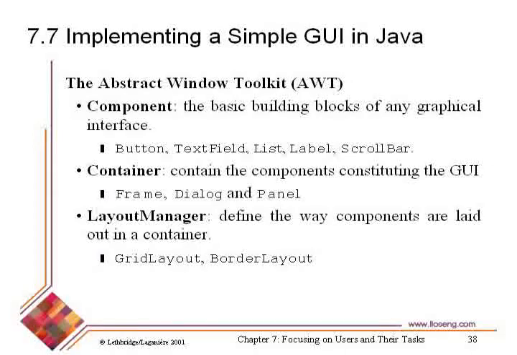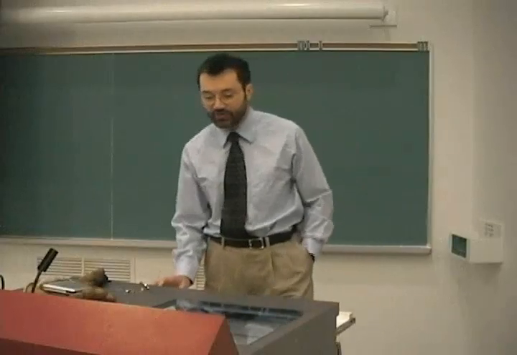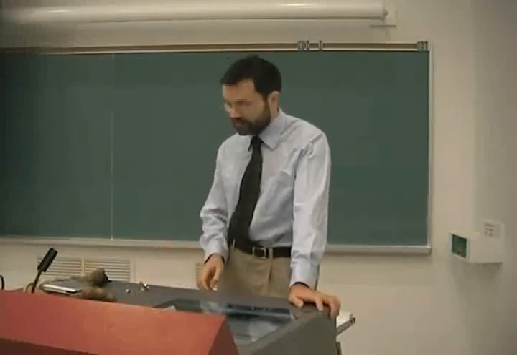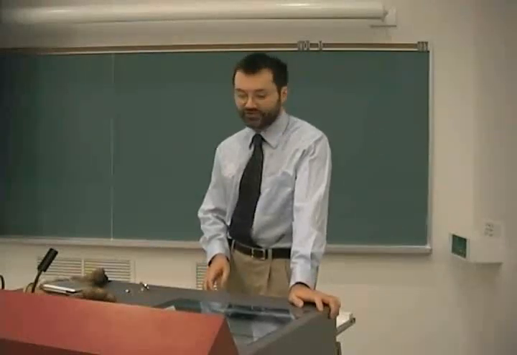We know what dialogues are, right? And we have layout managers, things that have to do with controlling aspects of the layout of information on the screen. There are different ways of laying information out. Those are some of the things that you can look at. Again, I leave it up to you to look at the Javadoc for these things.